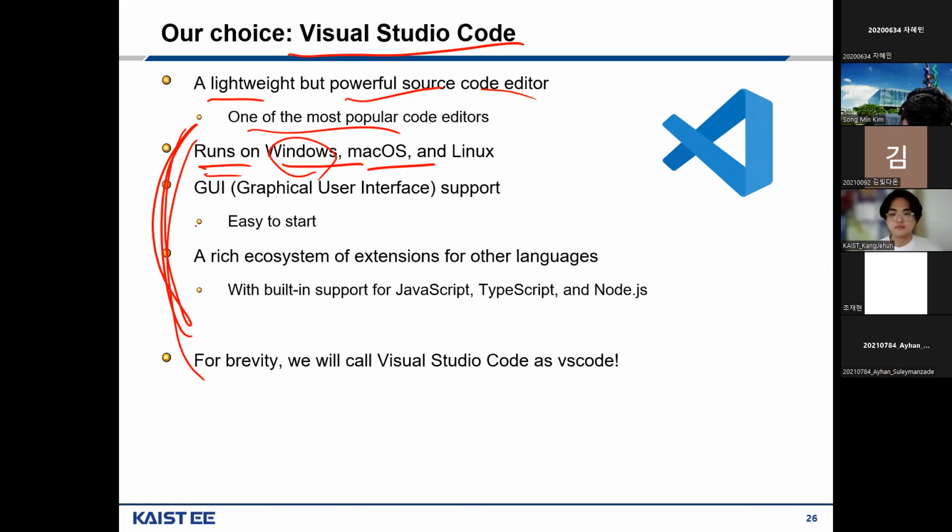All right. And it is a GUI, so it's easy to start, compared to the command line prompt, right? It's easier than just typing in everything. And it has a rich ecosystem.